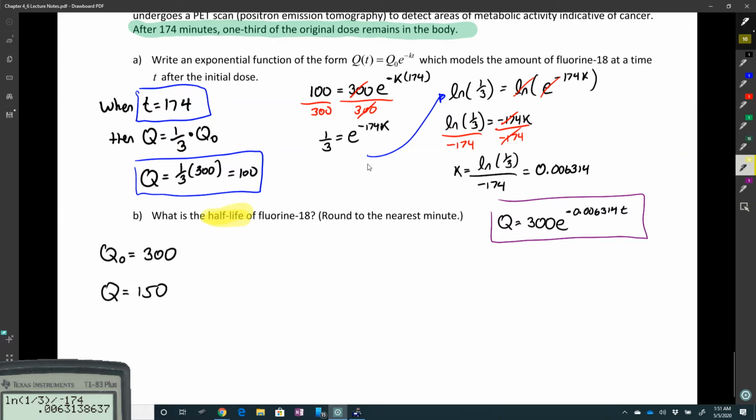And we already know what k is, so this one's actually not too bad. We rewrite the equation. 150 equals 300 e to the negative 0.006314 t. Divide by 300.